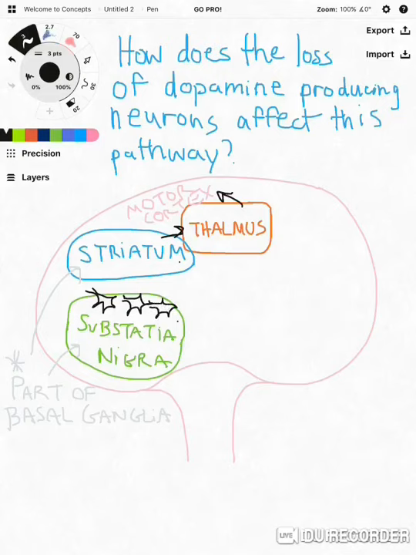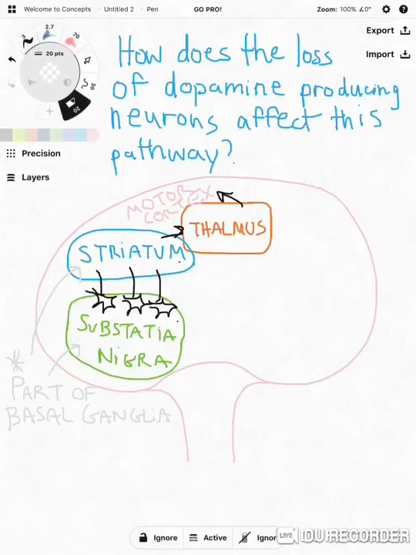And these dopamine neurons connect to other neurons in the striatum in order to pass along the impulse for muscle movement. As these neurons start to die, these connections are weakened.